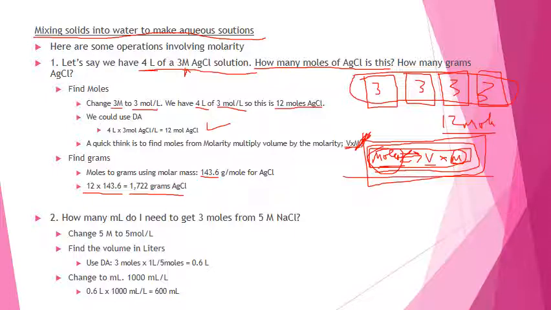Now let's say we want to find out how many milliliters of a solution I need to get 3 moles of 5 molar NaCl. So this is going the other way. You're given a certain amount of moles, and you want to find the volume. Again, you use molarity: molarity is the key to going from moles to volume, and volume to moles.